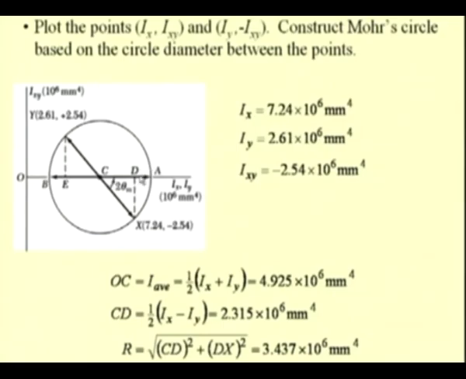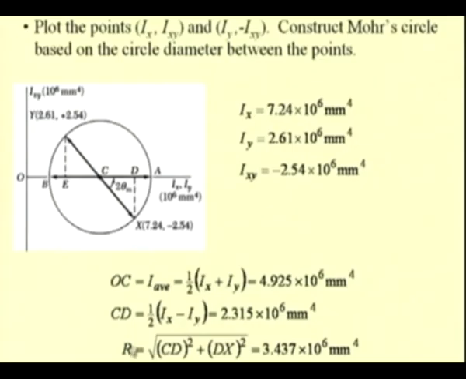square plus dx square, which is the square of this radius, where CD is nothing but Ix minus Iy by 2 and this dx is nothing but Ixy, that is the product of inertia. So, we first find this value of CD, which is 2.315 into 10 to the power of 6 mm to the power of 4, and this value dx is nothing but 2.54 into 10 to the power of 6 mm to the power of 4.